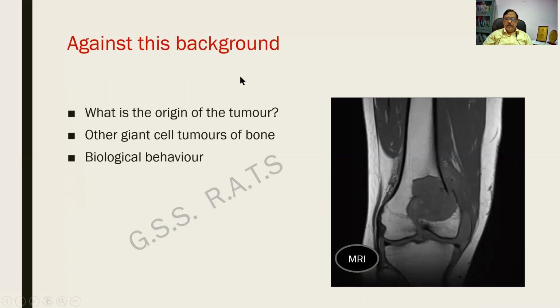So against this background, we should be bearing in mind, what is the origin of this tumor? Mention the other giant cell tumors of the bone. And what is the biological behavior of this? This incidentally is an MRI picture showing an osteolytic lesion at the lower end of femur.